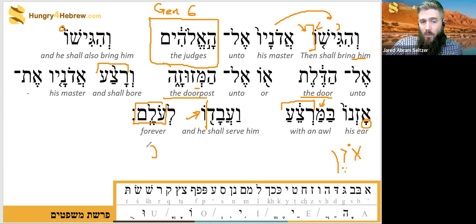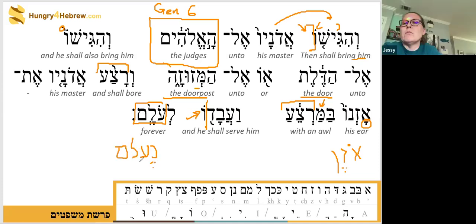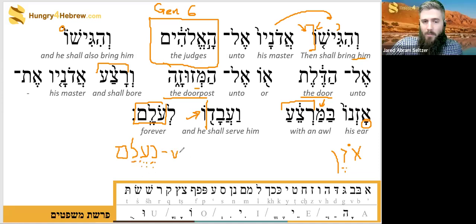So does anybody know the word ne'elam? Ne'elam is to vanish. What does vanish have to do with earth, world? It's very confusing. Well, ilam means to vanish, like a vanishing point. And so an olam is a point of vanishing.